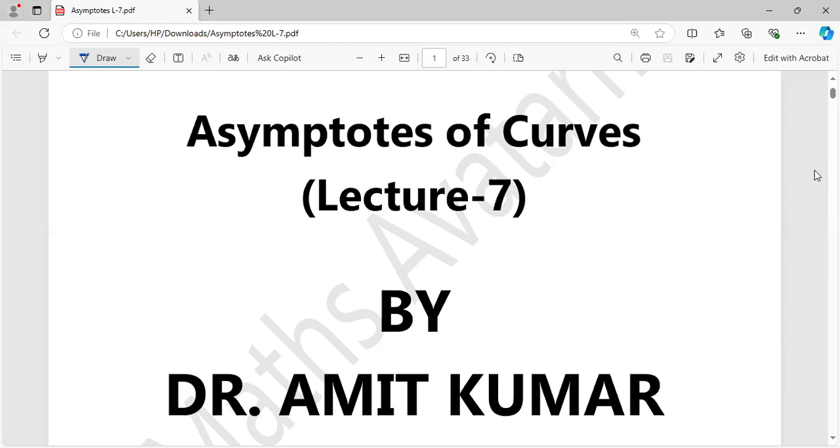Today we are going to see how to find oblique asymptotes for an algebraic curve f(x,y) = 0, which is not solvable explicitly as a function of y in terms of x or x in terms of y.